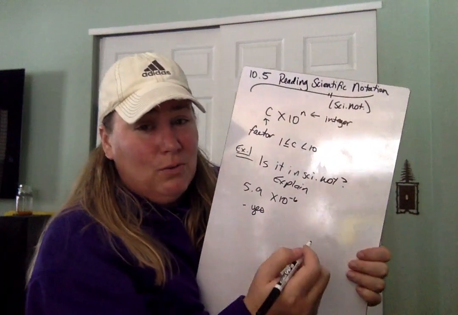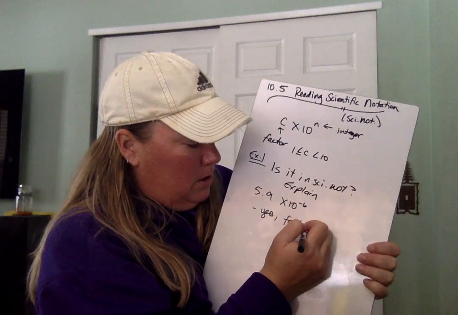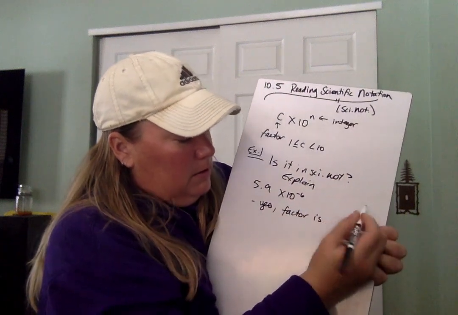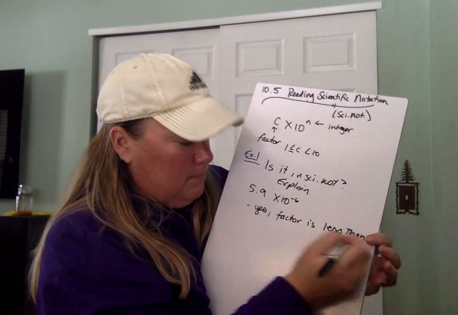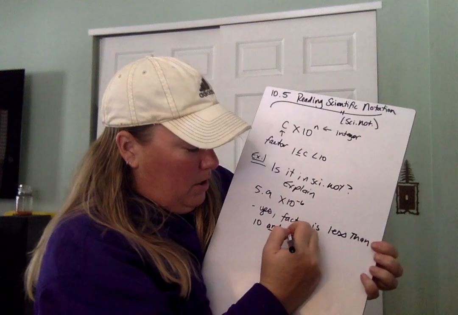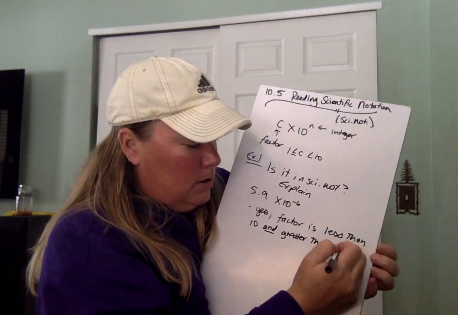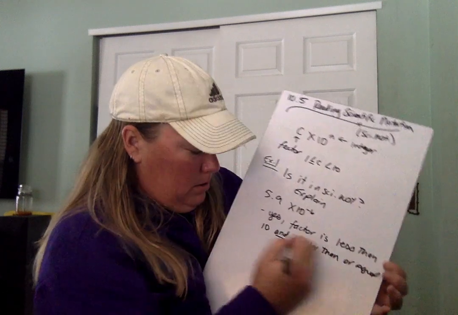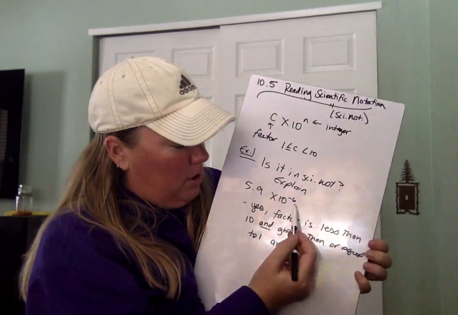And so when you have to write out your explanation, it's kind of lengthy. So you go: factor is, and you could even write out the words, less than 10. And you have to make sure you put this other part, greater than or equal to 1. And here's your other part.